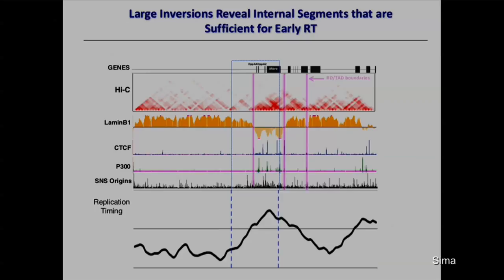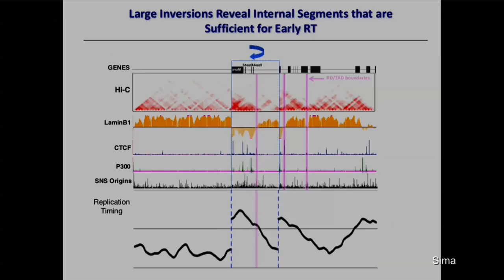Now, if you invert the coordinates, you bring the DPPA internal DNA sequences immediately adjacent to this late replicating gene desert, which is also lamina bound. And now the TTR, the timing transition region, goes to the right side. But I want to remind you that the right boundary of the topological domain of the DPPA domain remains where it is.